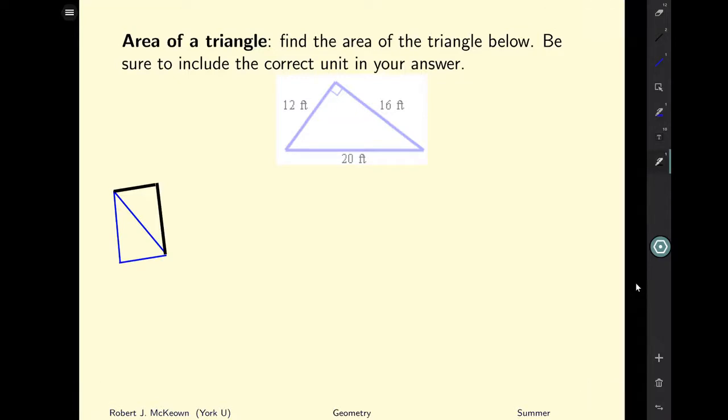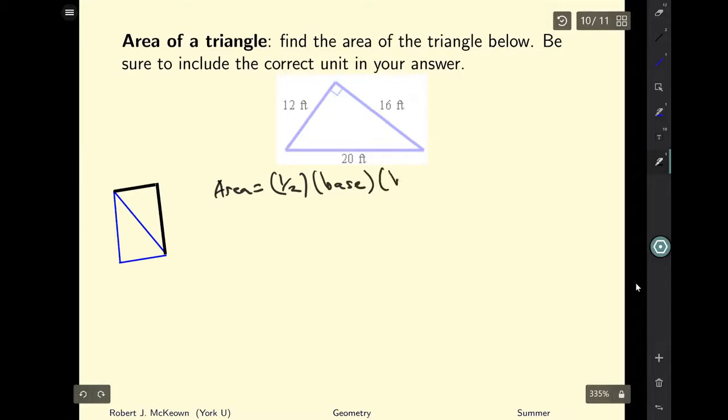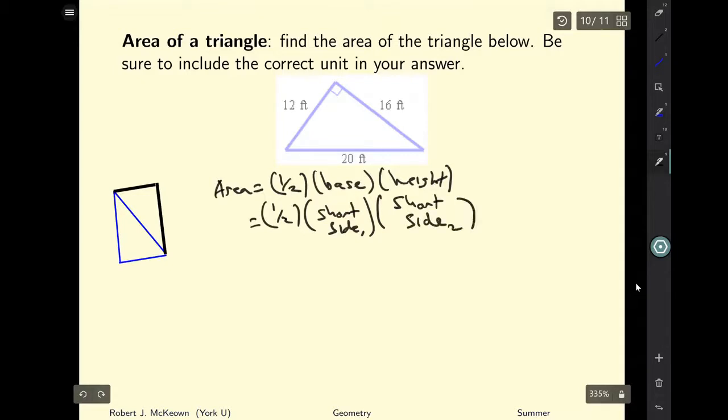And so the formula here for the area of a triangle is just 1/2 times the base times the height. Or similarly to with Pythagorean theorem, it's 1/2 the first short side times the second short side. And we don't need the hypotenuse to get the area.